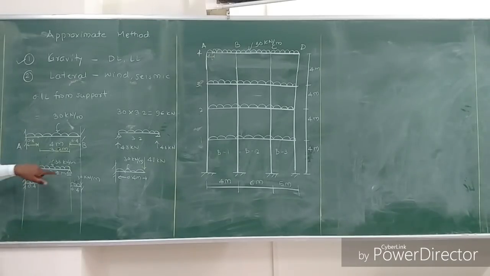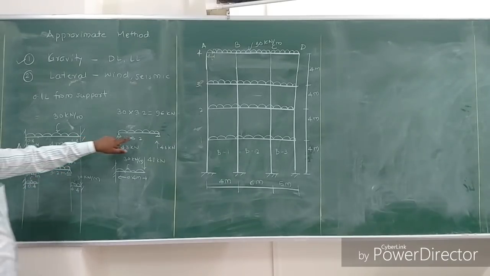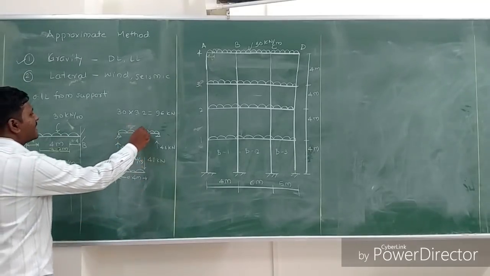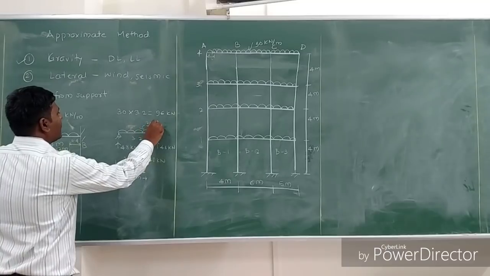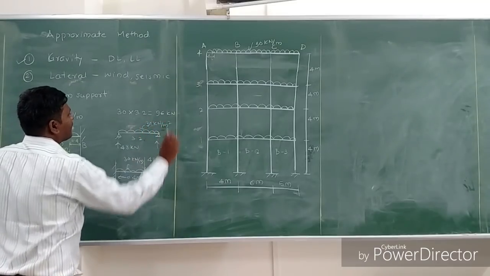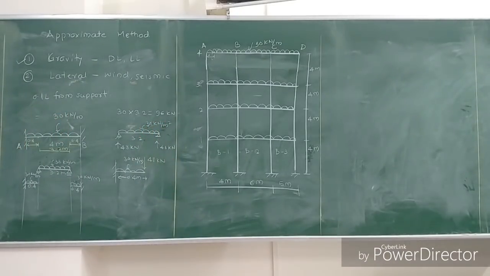What is the bending moment here? You already know, for a simply supported beam with UDL over entire span, the maximum bending moment is nothing but WL square by 8. Okay, that value you will get directly.